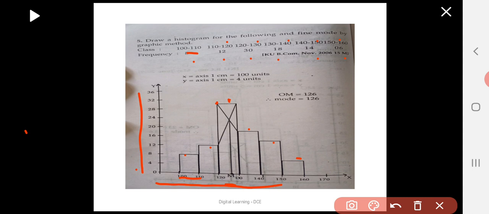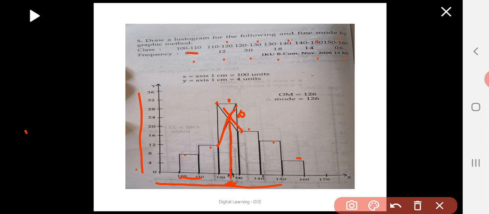From this point to the next bar's first point, and from this point to the previous bar's last point, where it touches the highest frequency bar, we draw the lines like this, and we get the intersection point, which we denote as O. From this, a perpendicular line to the x-axis, this OM, and here we identify the value M.